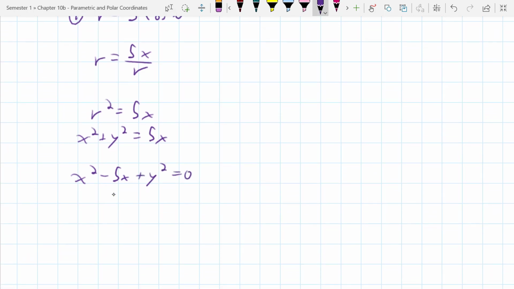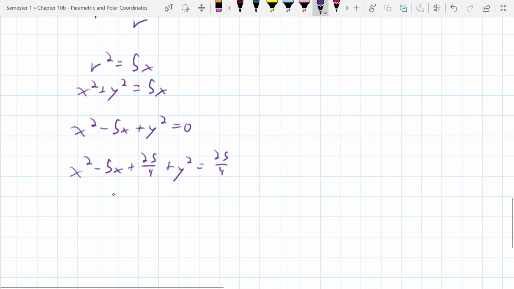If you complete the square, you're going to get x squared minus 5x plus, if I go half of 5 and then square it, I get 25 fourths, plus y squared is equal to 25 fourths. And you get x minus 5 halves, quantity squared, plus y squared is equal to 25 fourths.